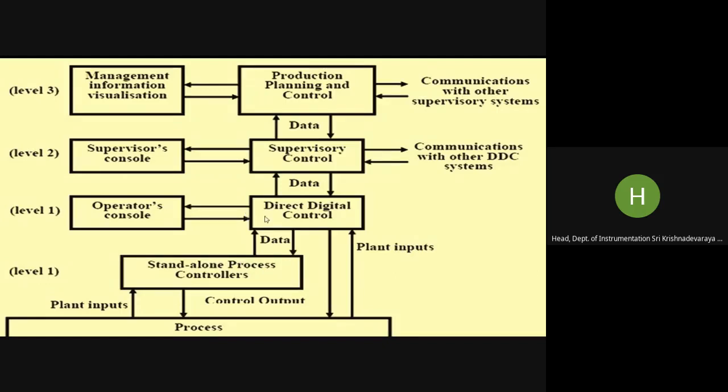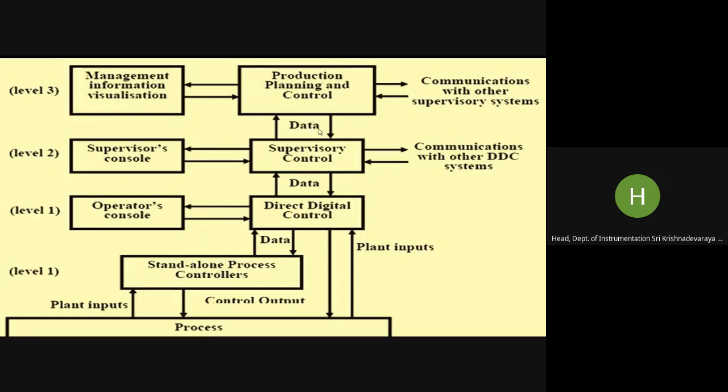All that you need to understand is what happens at the different stages and how your management information system works. This will be there at a huge plant where the total display for the management shows the total production planning and control.